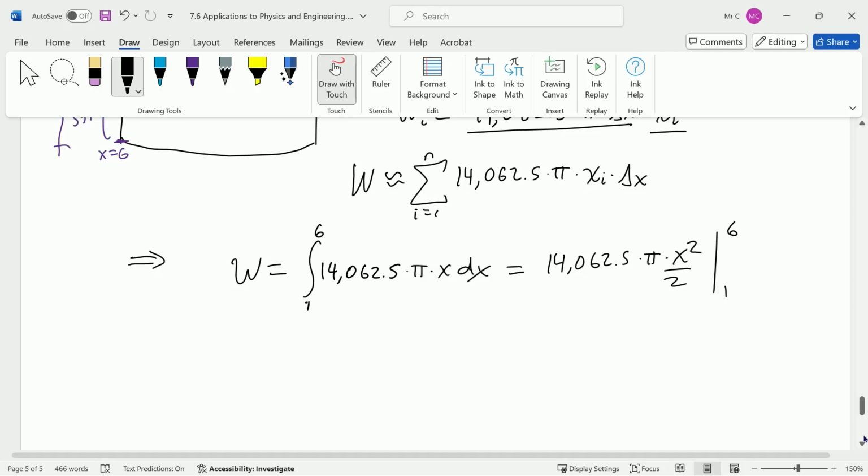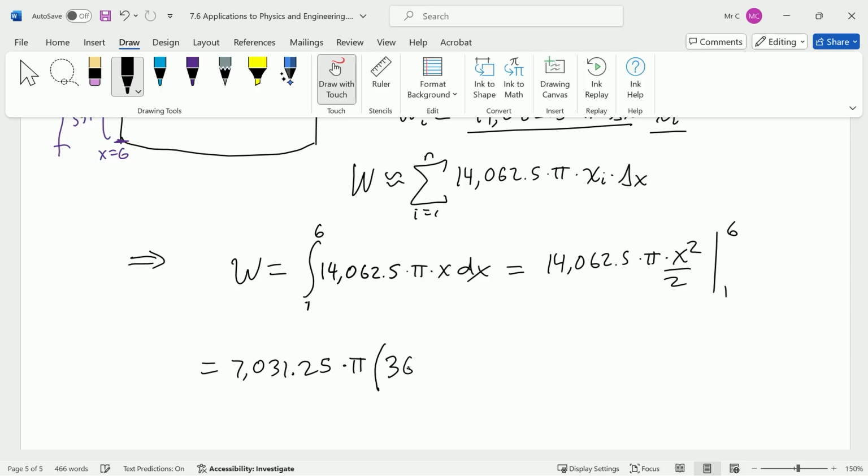Okay, the 14,062.5 divided by 2 gives me 7,031.25 times the pi. And then we evaluate the x squared at 6 and 1. We get 36 minus 1. So that's 35.